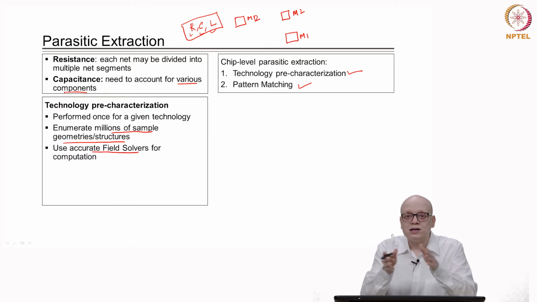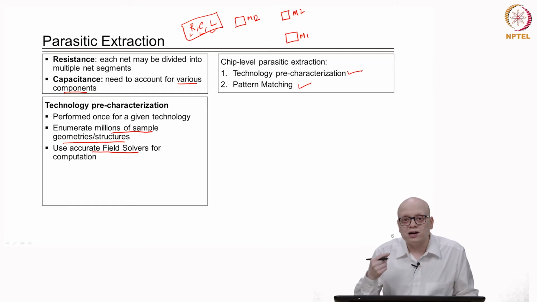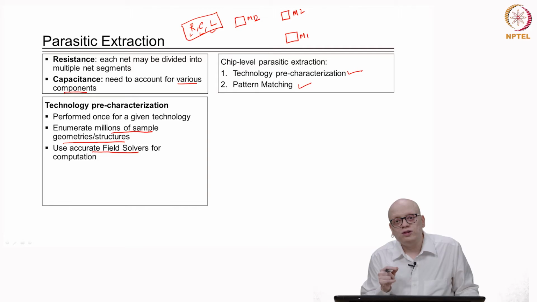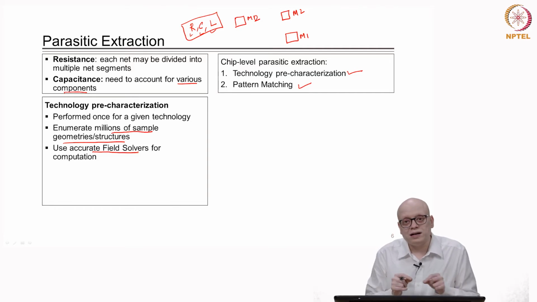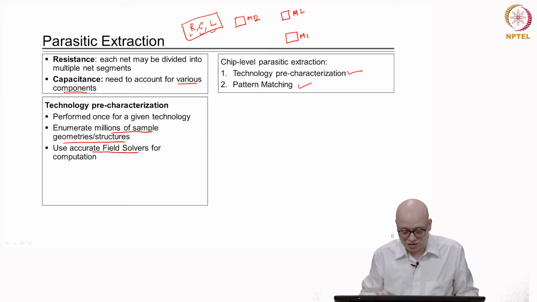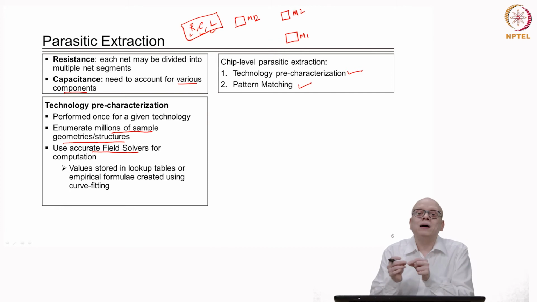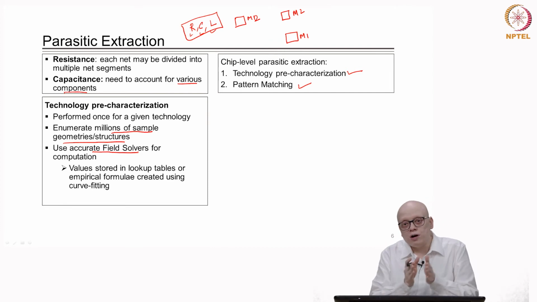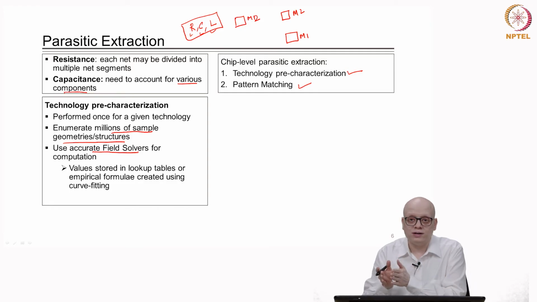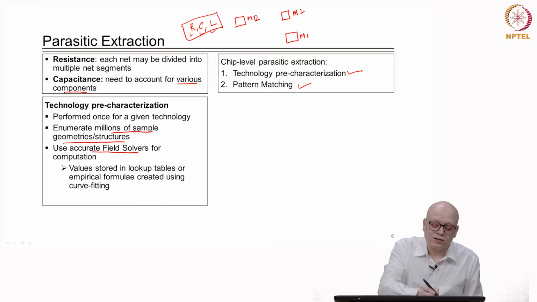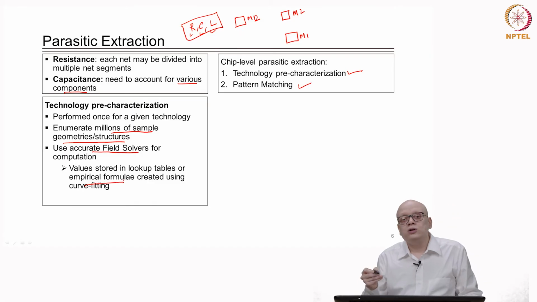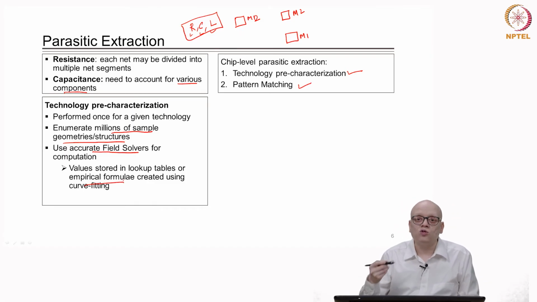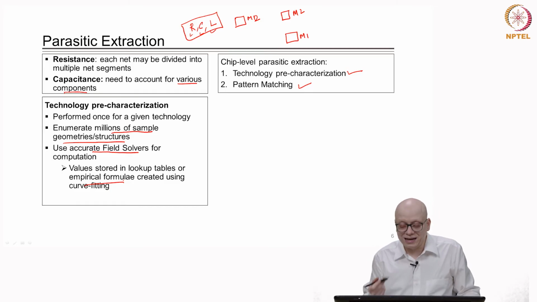They divide the structure into meshes and do a numerical computation and compute the capacitance very accurately using sophisticated techniques. Using these field solvers, the tool will compute the capacitance for various configurations, different geometries and structures, and then it will put the capacitance values either in a lookup table, or using the capacitance values computed for various structures, it can come up with some empirical formula created using curve fitting, and that empirical formula will be stored during the pre-characterization step.